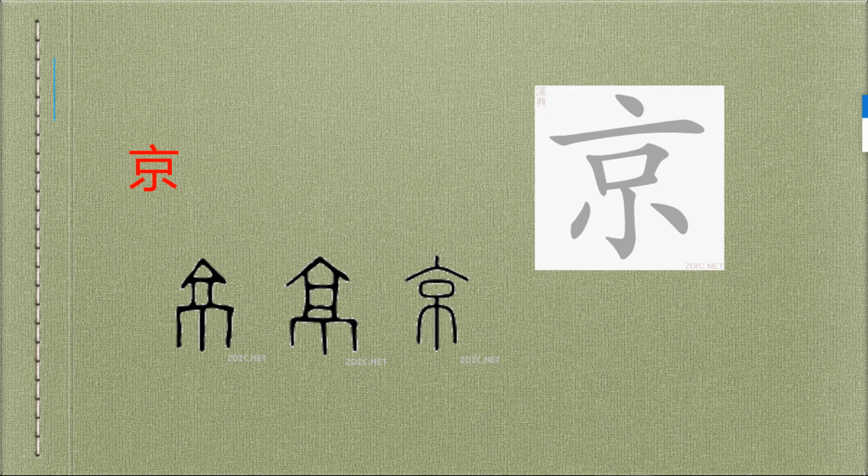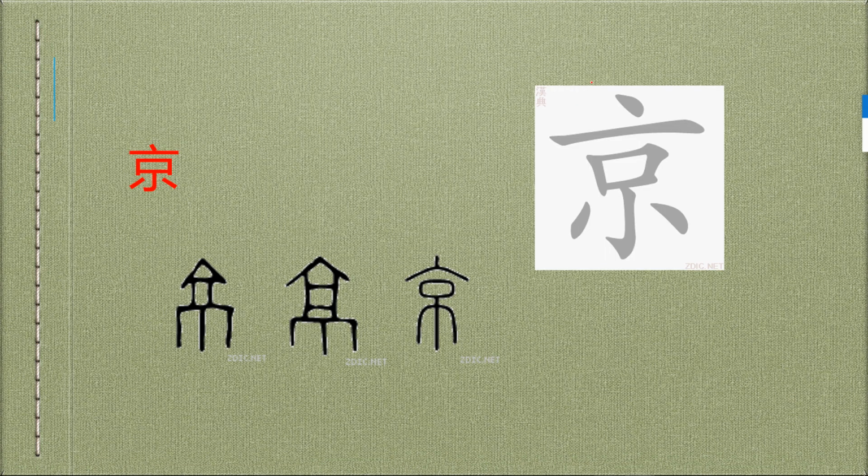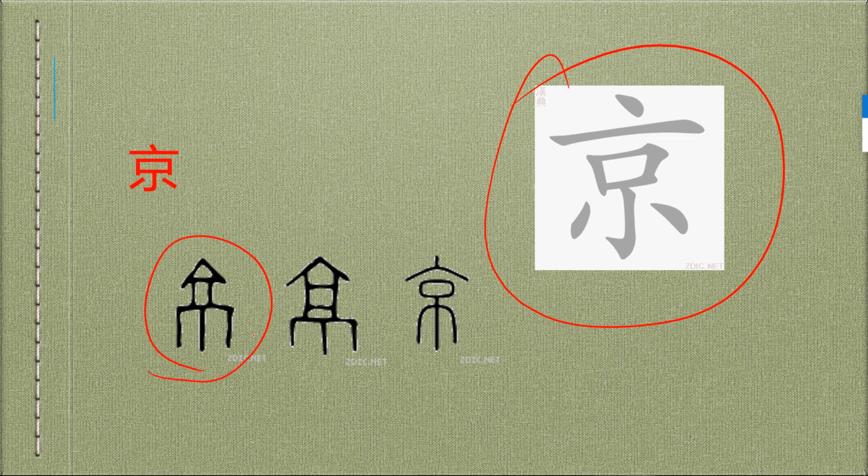Do you recognize the similarity between the person on the seal and this character? This is Beijing's Jing, meaning capital. Actually, it started with this one. What do you think it looks like?